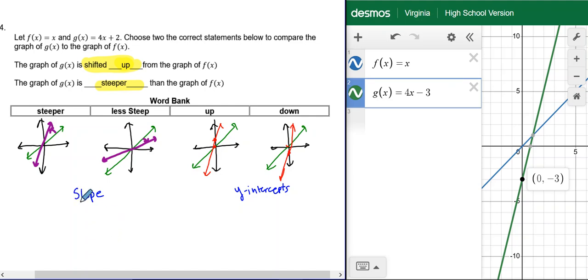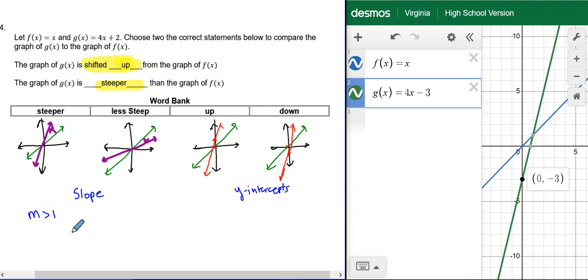For the slope, for things to be steeper, let me start with steeper, yeah. If you have any number that's greater than 1, so if your slope is bigger than 1, then it's going to be steeper.